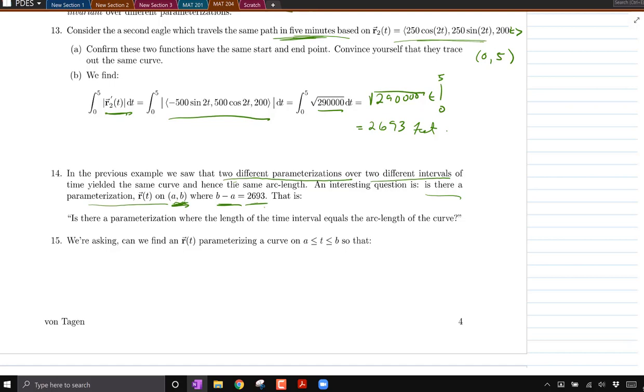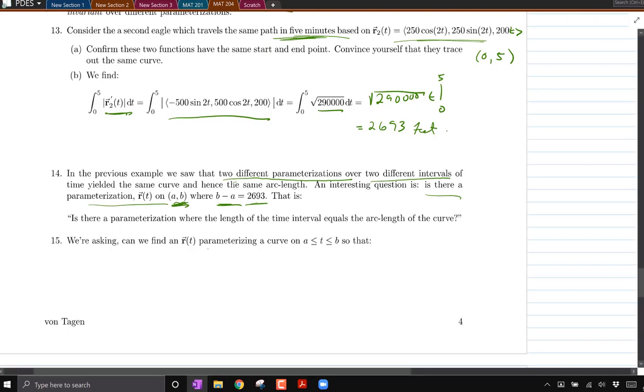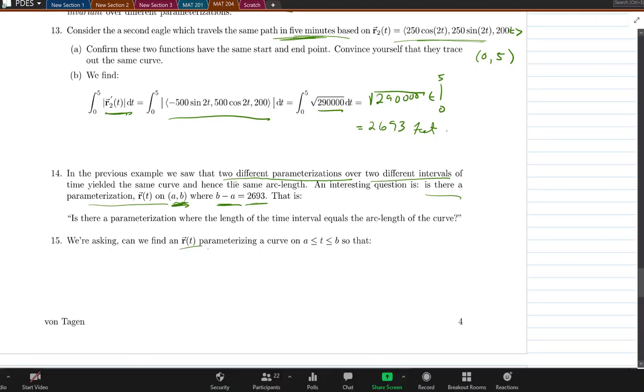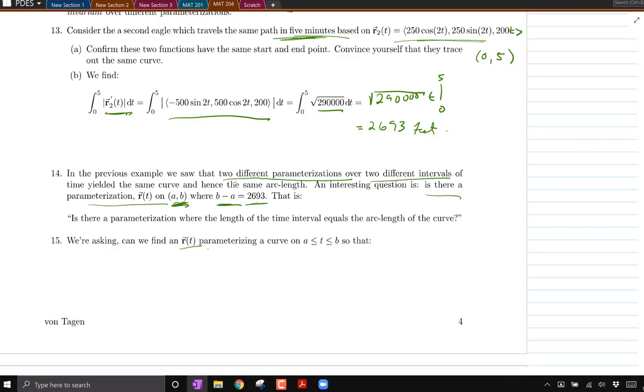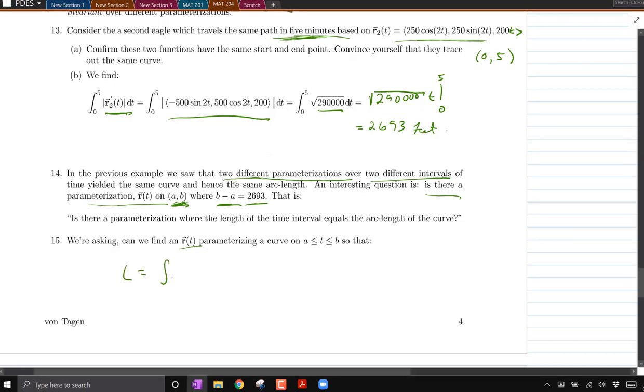Okay? So we're asking, can we find a parameterization on this curve so that, and what did I want here? I don't remember what I wanted in this blank. So that when we go to calculate the arc length, we get the integral from a to b of the magnitude of r prime of t dt.